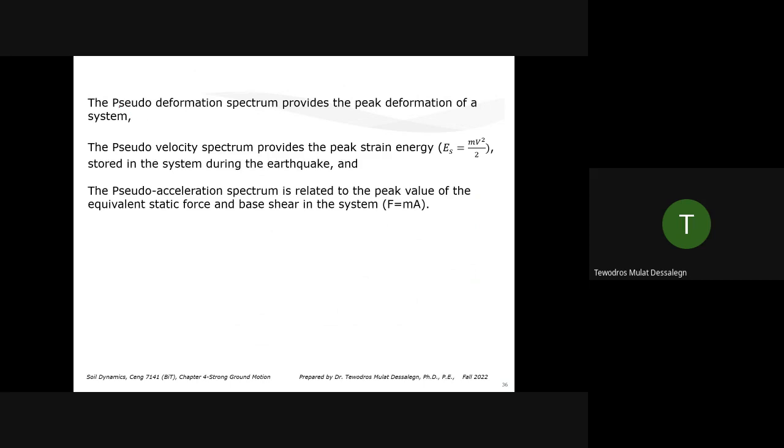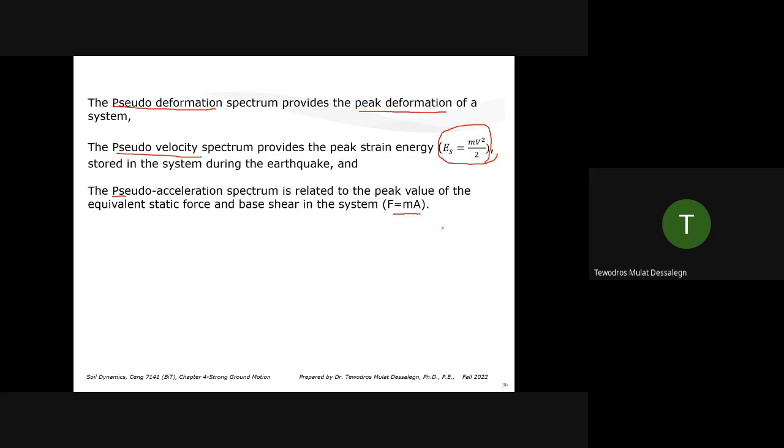So the pseudo deformation or spectral displacement spectrum plot gives us the peak deformations. The pseudo velocity gives us the maximum peak strain energy. It's like a kinetic energy. And the pseudo or spectral acceleration gives forces, the inertial force, the mass times acceleration.